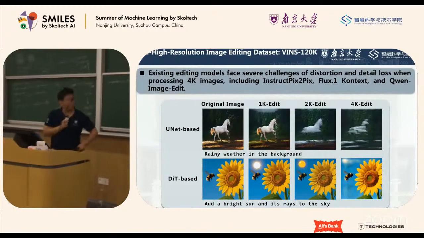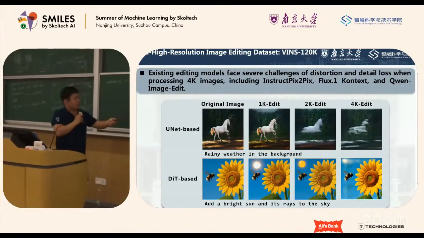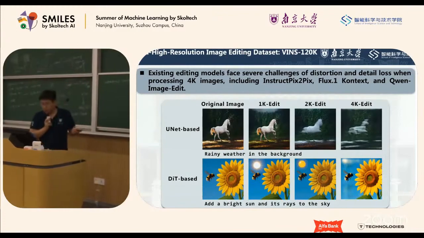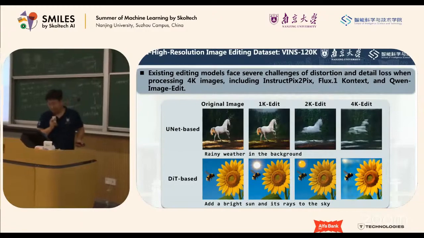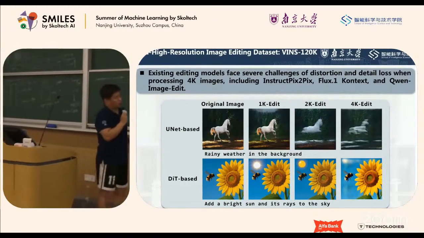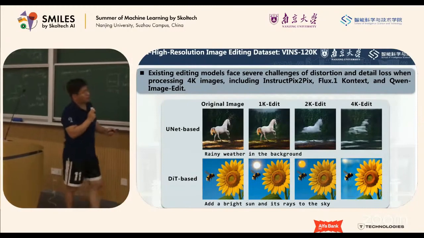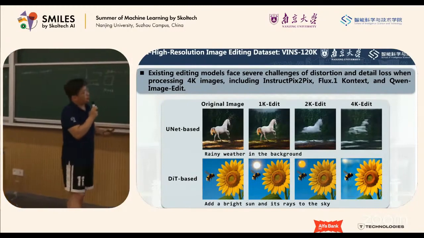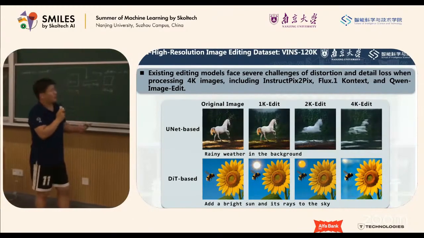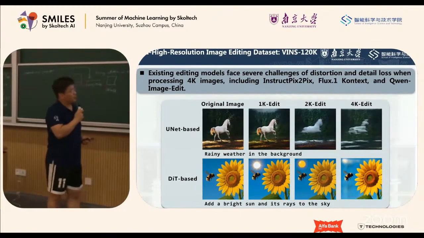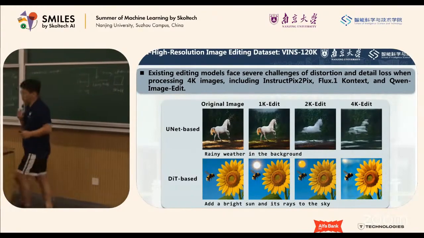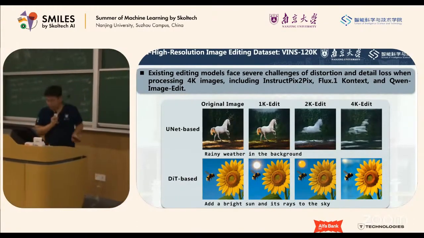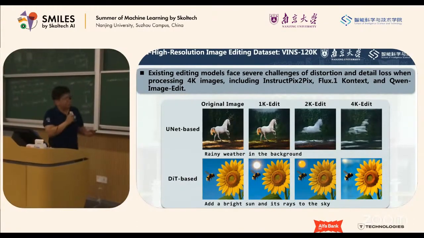We can see from these figures that the performance can degrade as the edit resolution rises from 1K to 6K. At the 1K resolution, the result is good. But when we increase the resolution to 2K, the performance is not good. We have two rows.